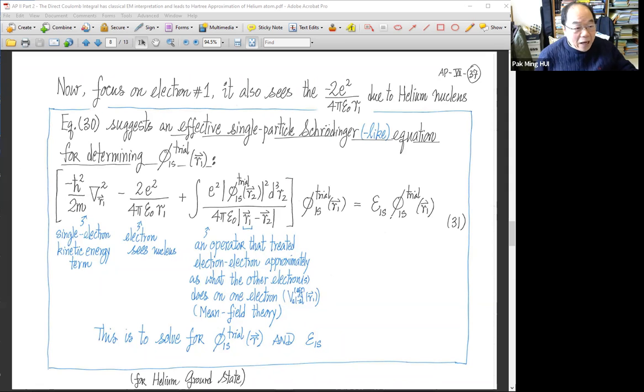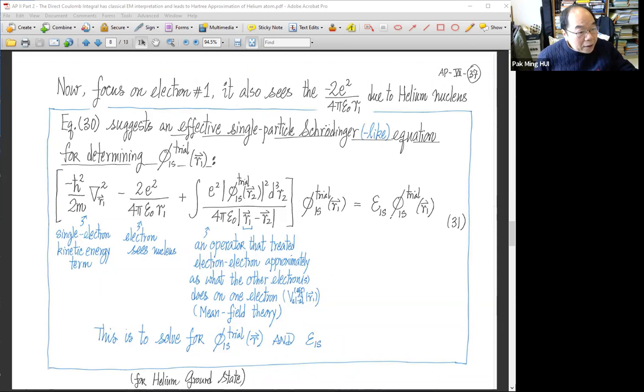Yes, in fact, if we want to focus on electron number 2, we can write down a similar equation, but now in the potential energy term, we integrate over the first electron, then providing a potential on the second electron. The equation turns out to be identical in this ground state helium atom case. Okay, good question.